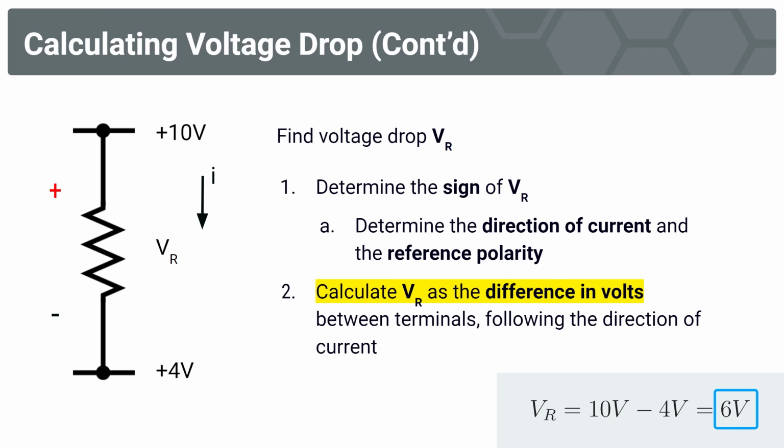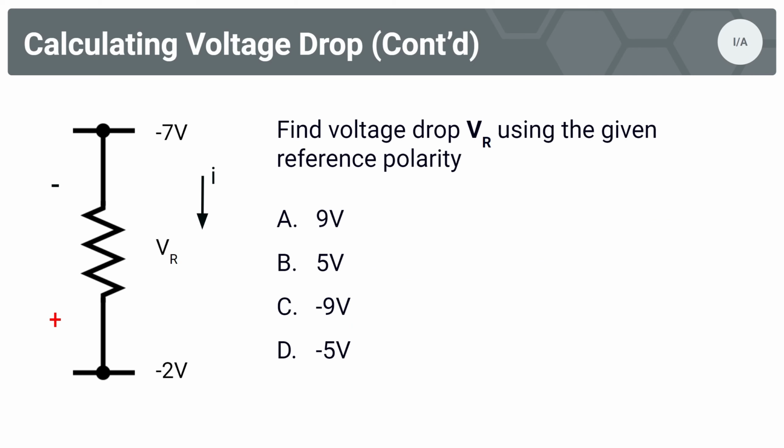All right, it's your turn. You will find the voltage drop across this resistor, across this branch, using the given reference polarity. So you'll notice this example is very similar to the one before, but we've changed a couple things. The voltage at this node is now -7, and the voltage at the opposite node is -2. And we've done something a little tricky.